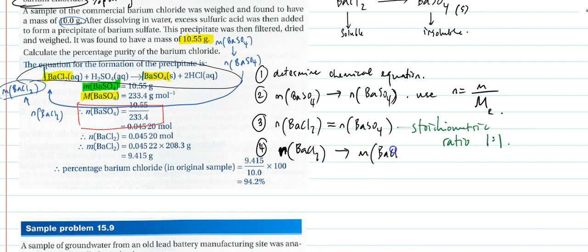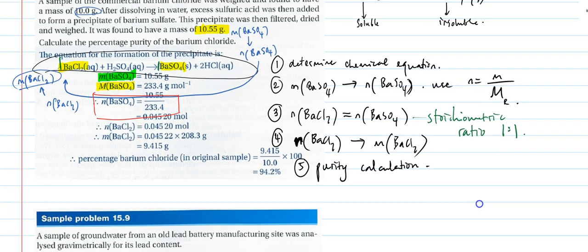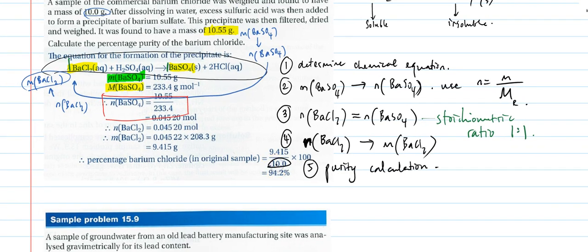And the final step is to work out purity. To work out purity, you just put the mass of the barium chloride that you determined over the total mass of your sample. So the total sample was 10 grams. The mass of barium chloride that we actually got was 9.4 grams, 9.415.